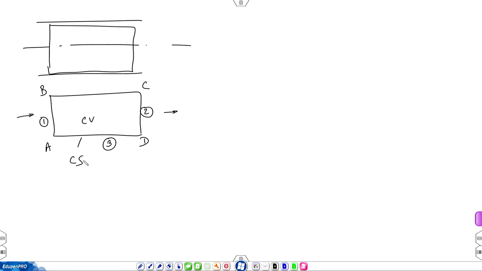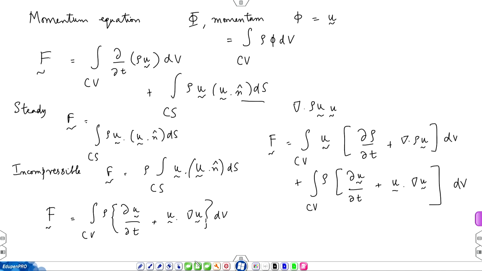So, let us say flow is incompressible. Then F is equal to rho integral over CS u, it is u bracket u dot n ds.